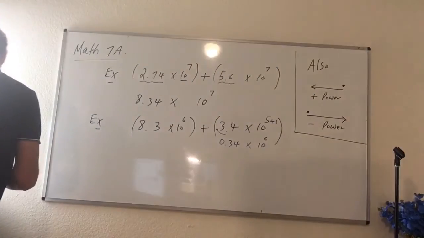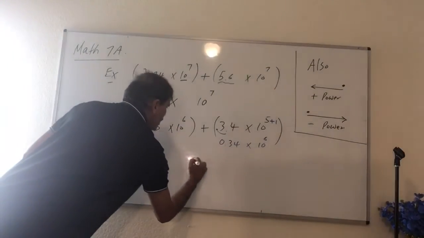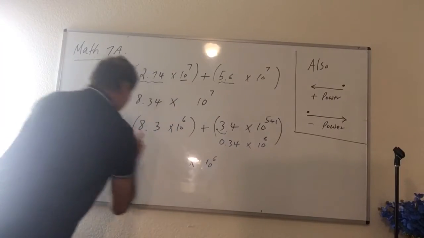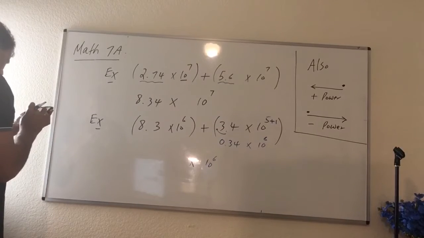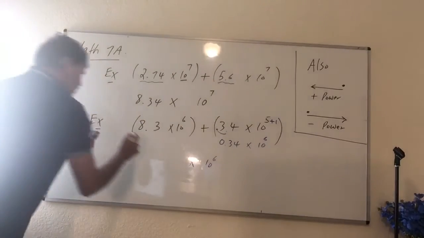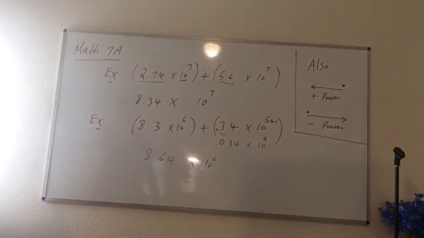You can use a calculator. 10 to the power 6 is going to stay the same. It is 8.3 plus 0.34, so your answer is 8.64, and that's the answer. 8.64 is less than 10, and at the same time it is greater than or equal to 1.